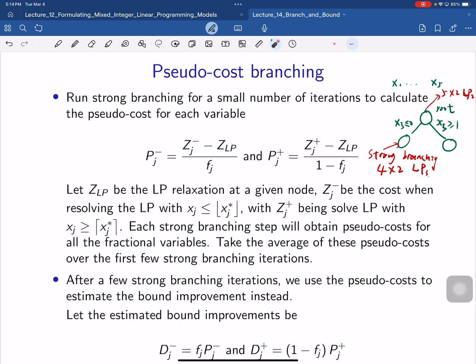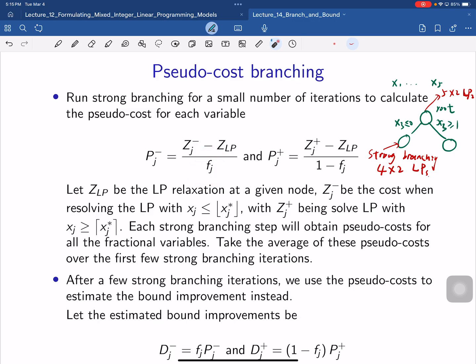So now you can calculate the pseudo cost by saying, if I branch to the left, then the lower bound will improve compared with the relaxation at the current node, right? So this is an improvement in bound, right? And then the denominator is the fraction of the variable you have, right?